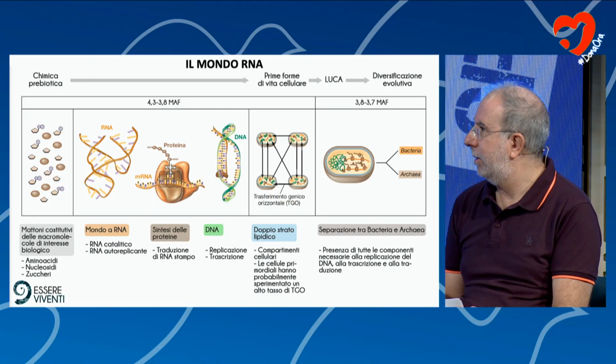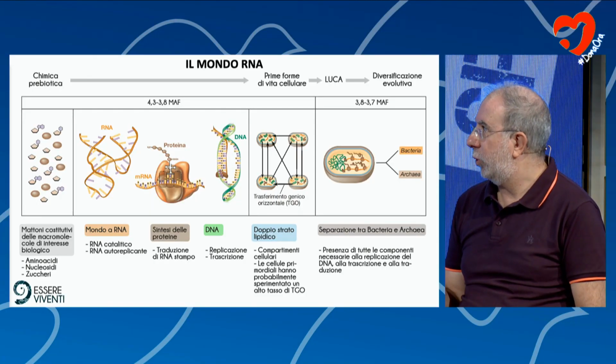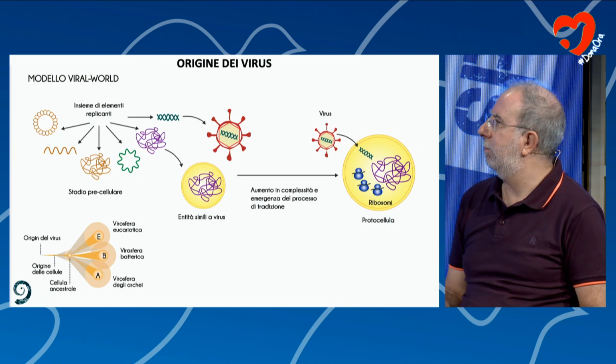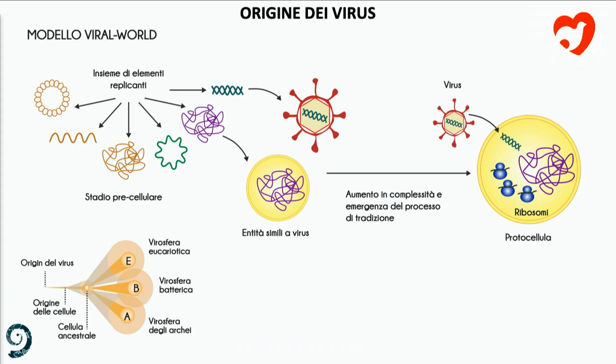Now, viruses are present in all cells. There are different models that make us imagine some scenarios. This is the first model, the model of the origin of the virus.